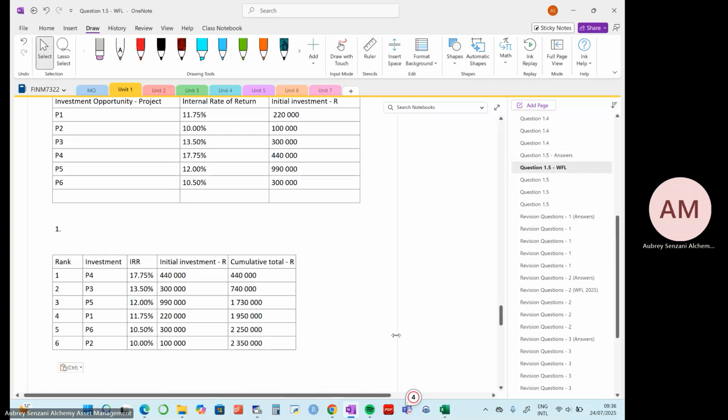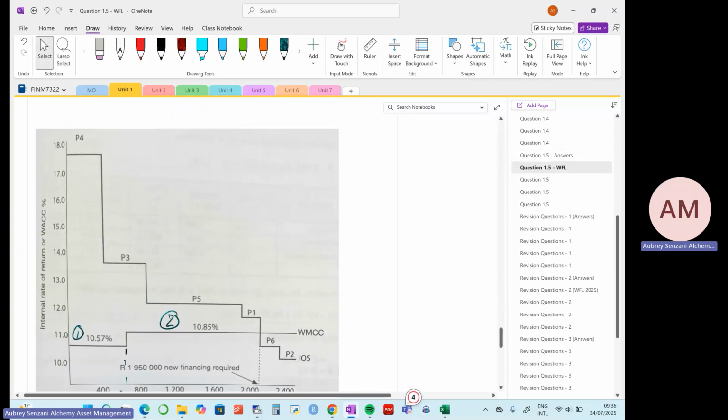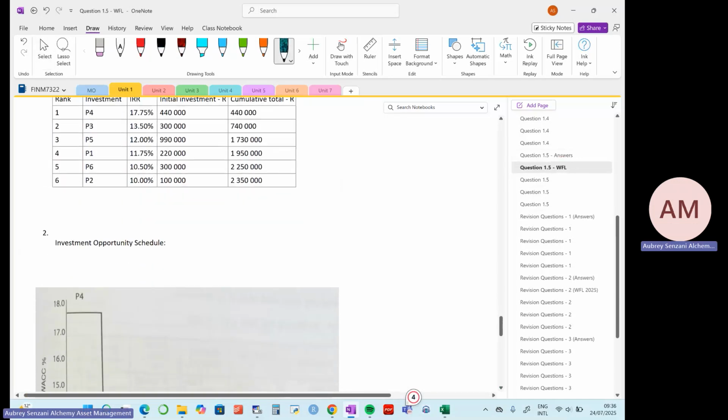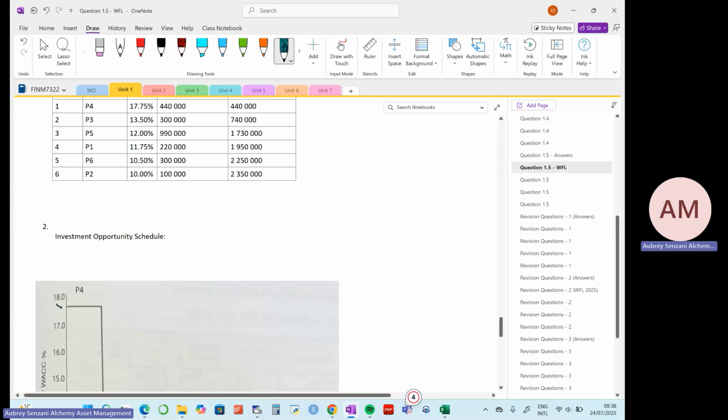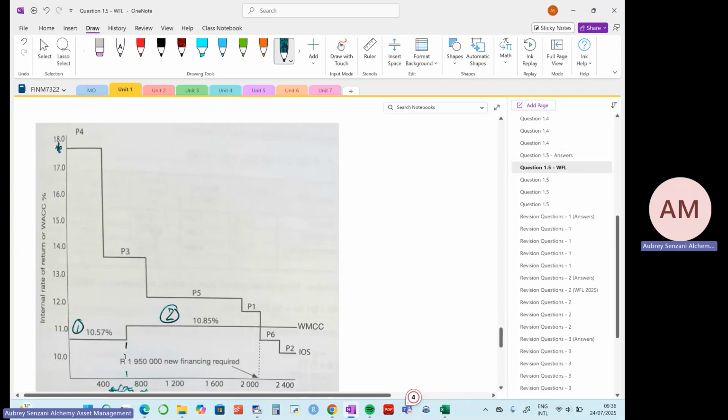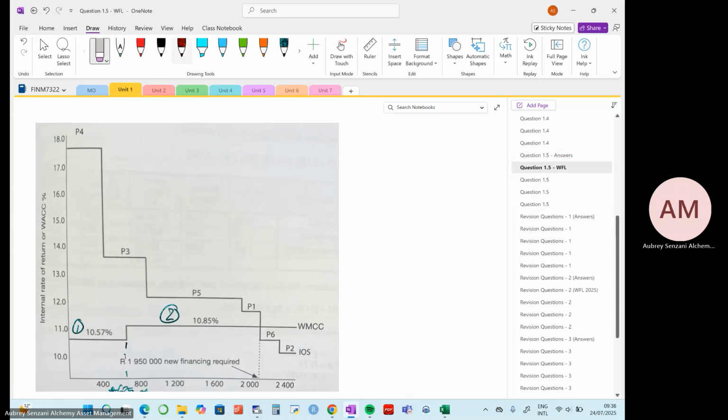Now we can plot these on a graph, right? Now that we've ranked the investment opportunities, that is exactly what's happening here. So you can see, what was the first interest rate or return? 17.75. There you can see where that's sitting. Can you see that? And how much did we need for that one? 440. I should use a different color for this.